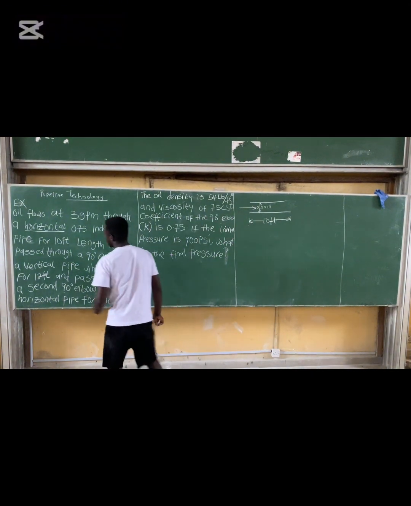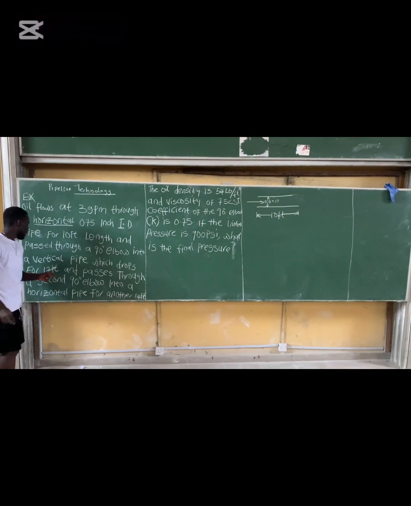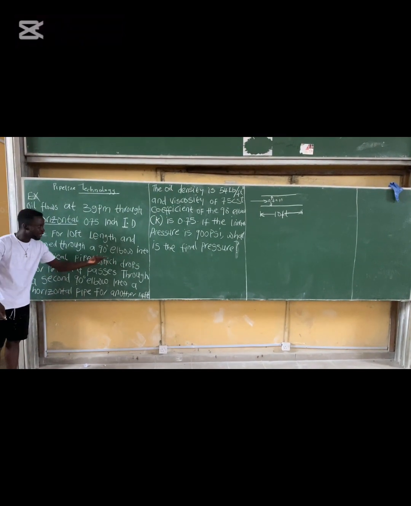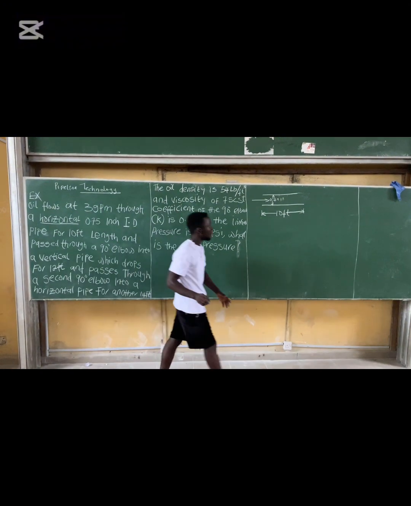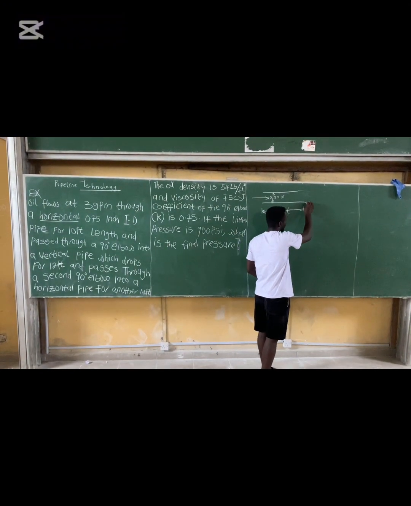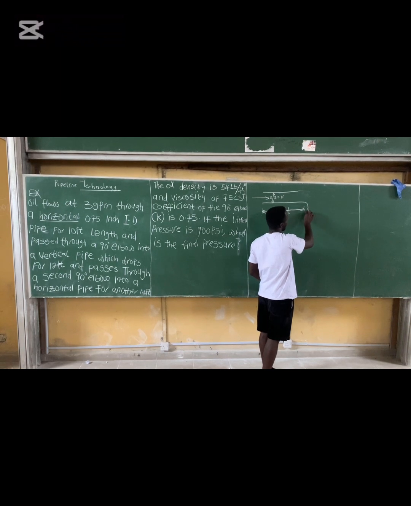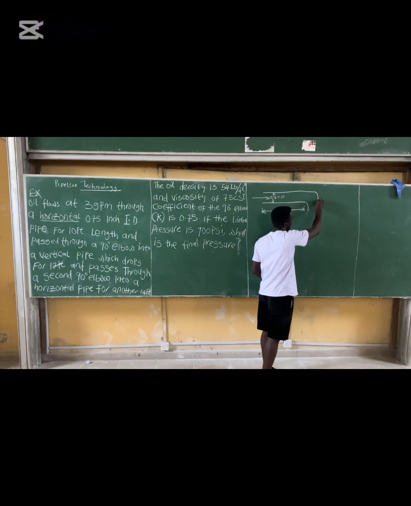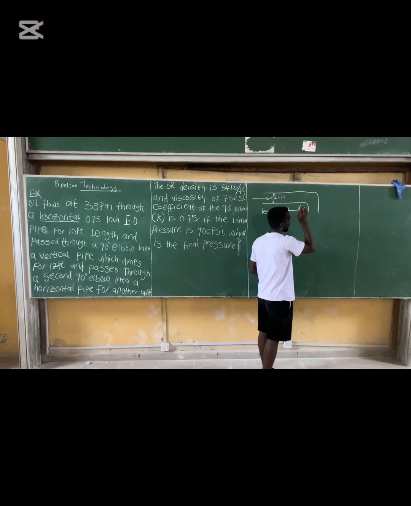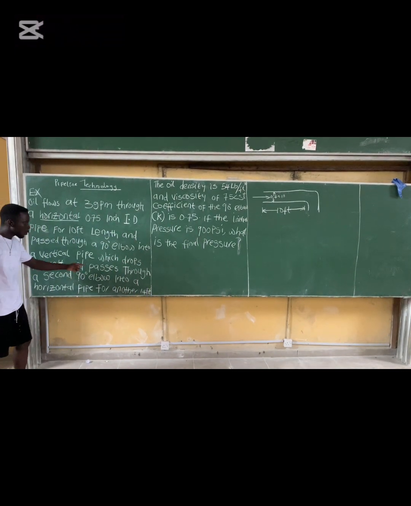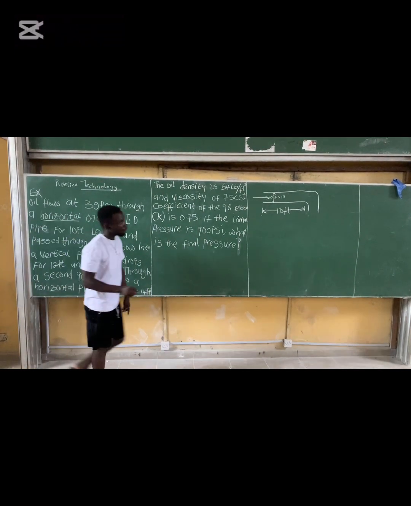Then it says, and passes through a 90-degree elbow. You know that a 90-degree elbow is something like this. And it lines at 90 degrees. So at this point here, the pipe has a 90-degree elbow into a vertical pipe.